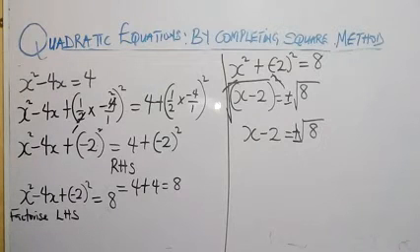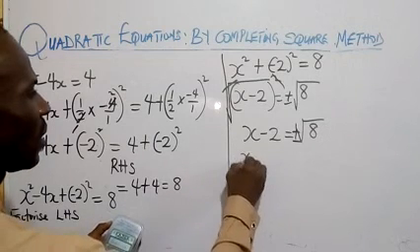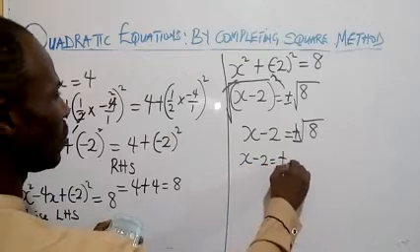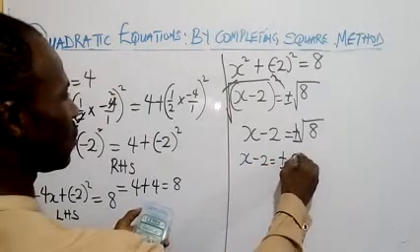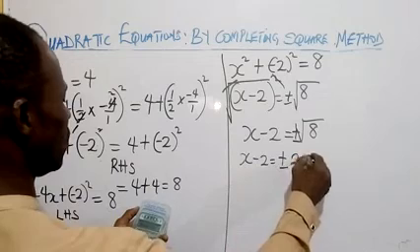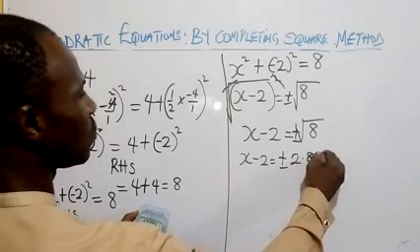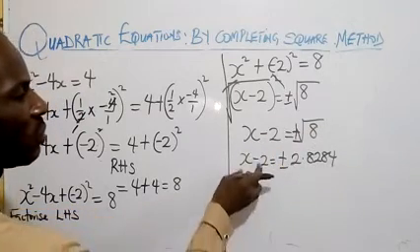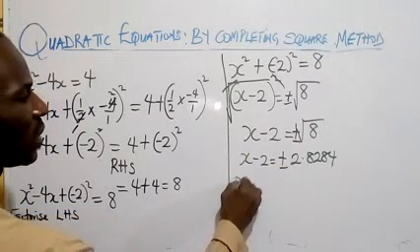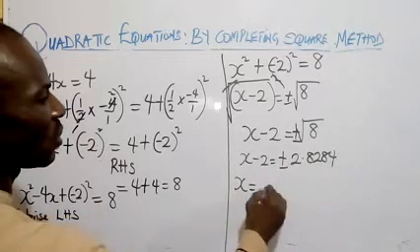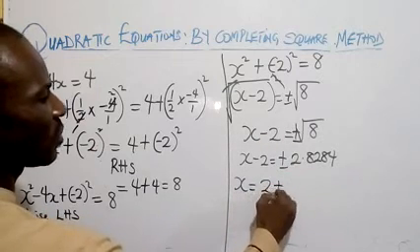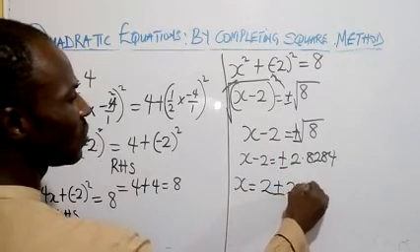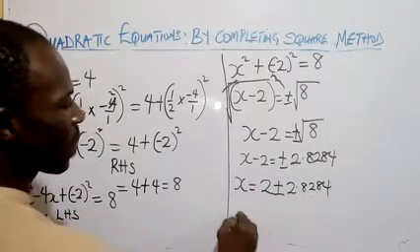Let's use our calculator to find the square root of 8. Square root of 8. So x minus 2 equals plus or minus 2.8284. Now take this to the right hand side to make x the subject: x equals 2 plus or minus 2.8284.